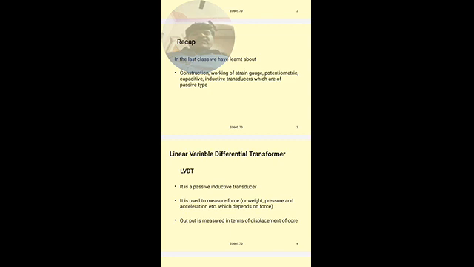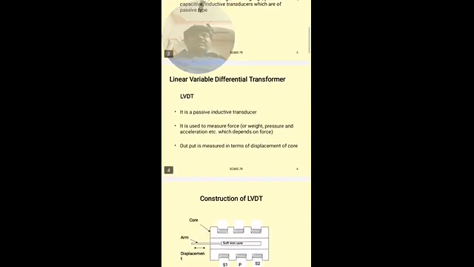This depends on force. Force in turn depends on distance, on the displacement. So by measuring the displacement, we can find the force and thereby we can measure the pressure, acceleration, weight, etc. The output is measured in terms of displacement of the core.